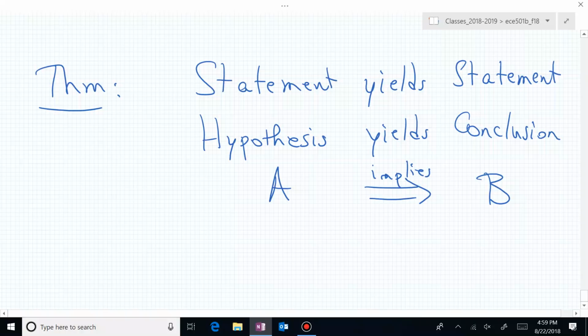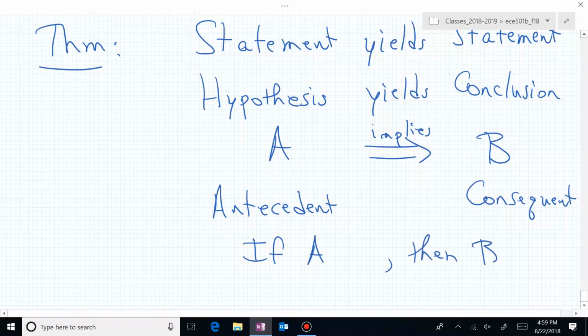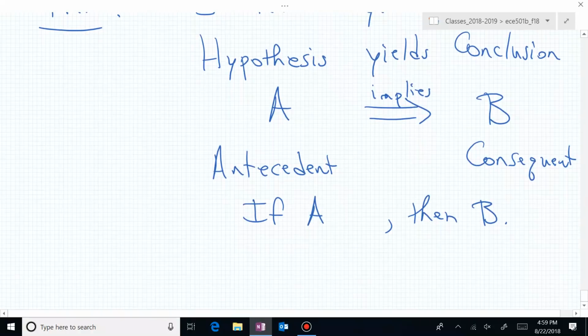A implies B. Or we have an antecedent leading to a consequent. Or we have if A, then B, and that's maybe the more standard way of thinking about a conditional statement.